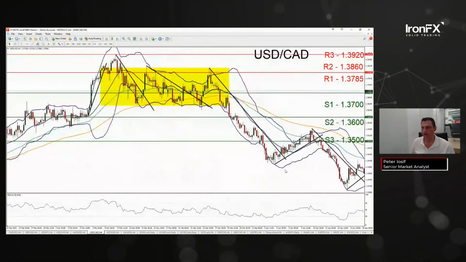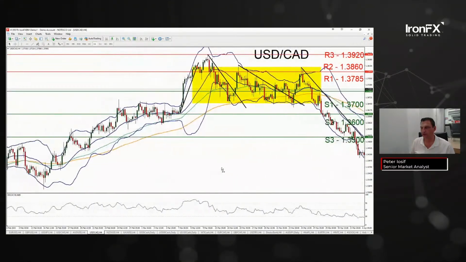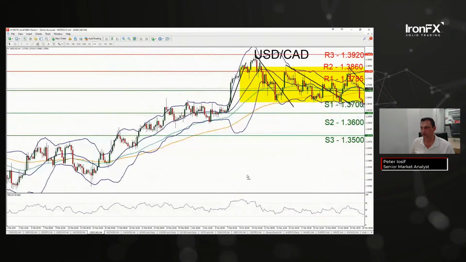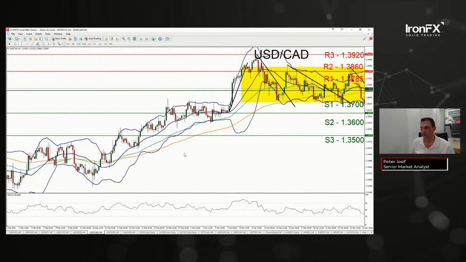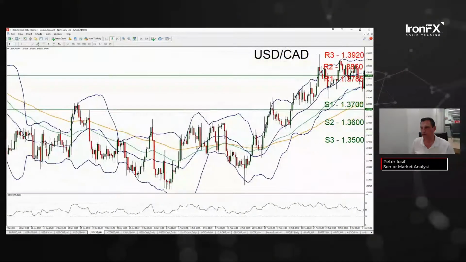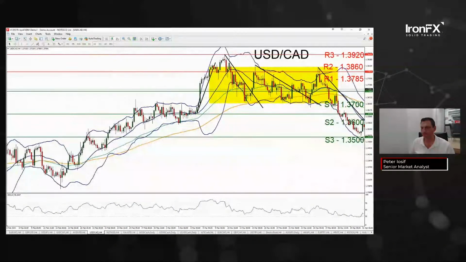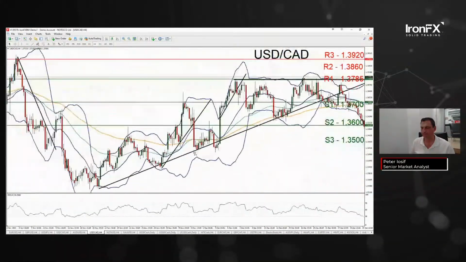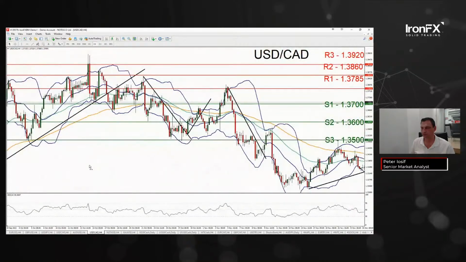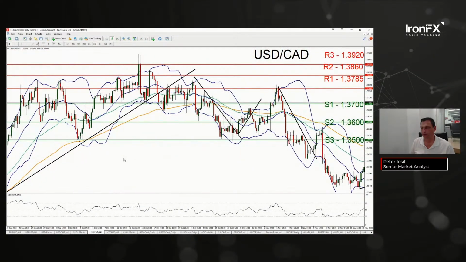Let's have a look where they are heading practically. So definitely we have the first resistance line, which is based here, while the second here. And the third all the way up.